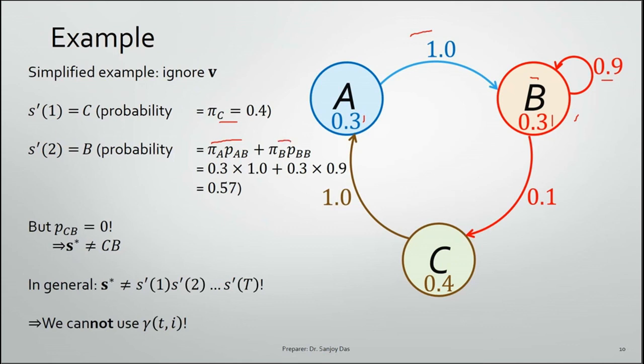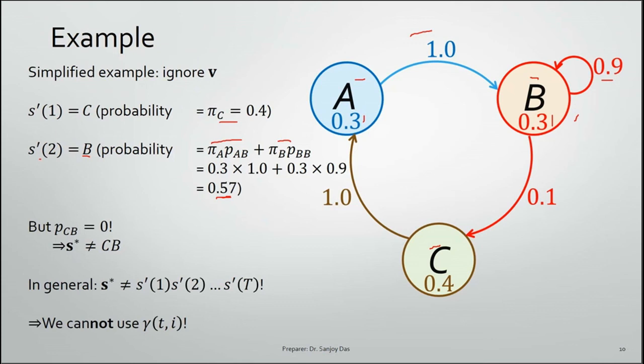And that's pi B times P BB. If you plug in the numbers, it's 0.57. Obviously S prime 2 has to be B, because the probabilities of the state at time step 2 being A and C put together have to be 1 minus 0.57, which is 0.43. So 0.57 is the highest, and S prime 2 is B.